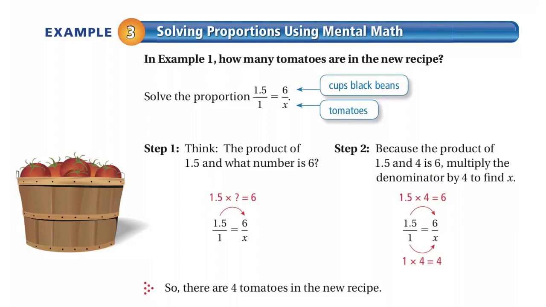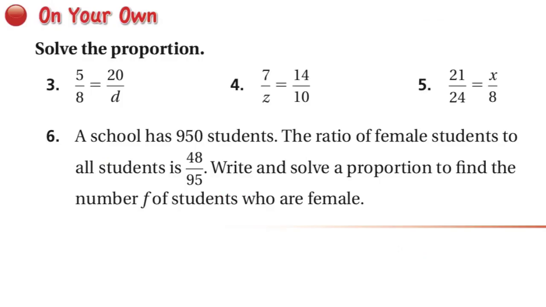So then you go to the denominator, 1 times 4 equals 4. Because the product of 1.5 and 4 is 6, you multiply the denominator by 4, and you find that 1 times 4 equals 4. So 4 tomatoes. Now you solve these proportions on your own using mental math.